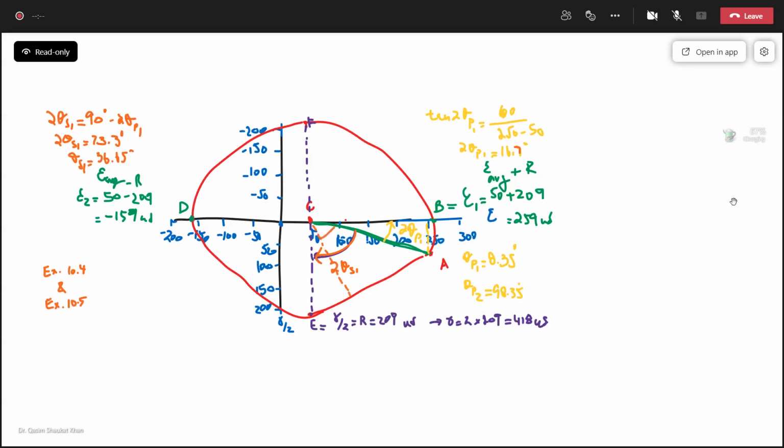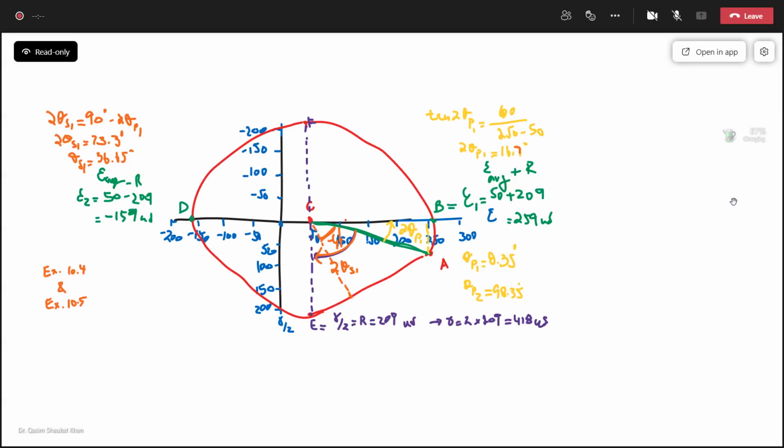So we can calculate the coordinates of this point.